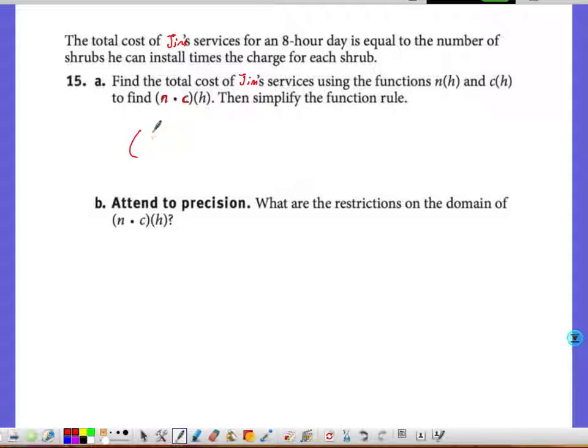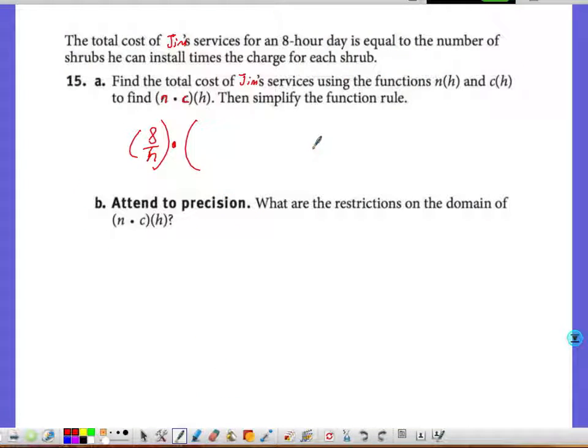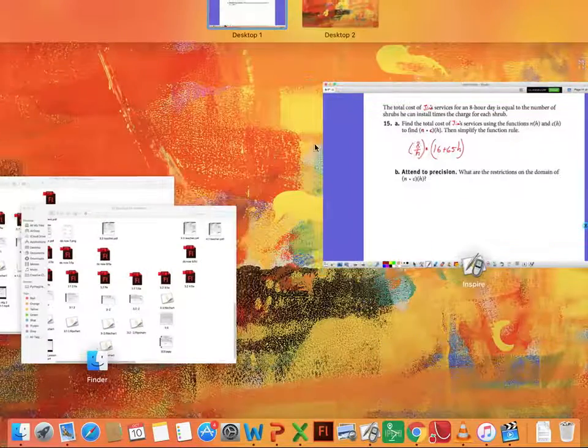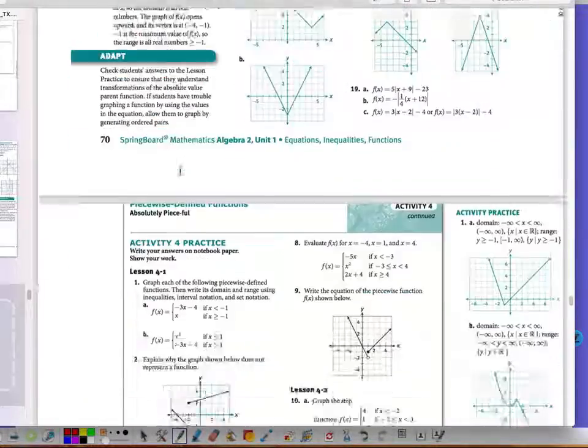So our first function was n of h, which was 8 over h, times c of h, which we just found to be 16 plus 65h. And you know what? I want to verify if that is what I should have. 16 plus 65.